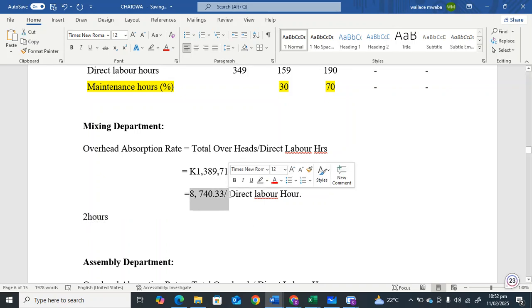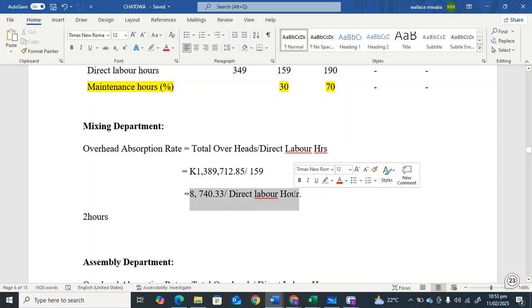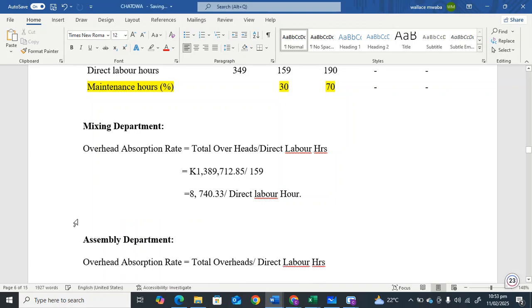That will be the overhead cost, the per unit overhead cost for your good. Forgot to mention, for each unit, this is the rate that you're going to use. All right. Any questions?